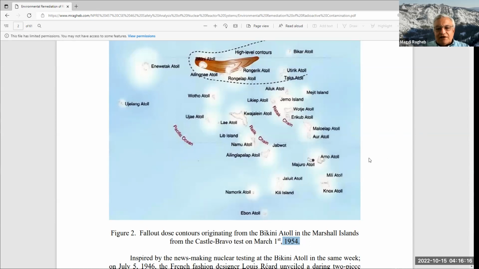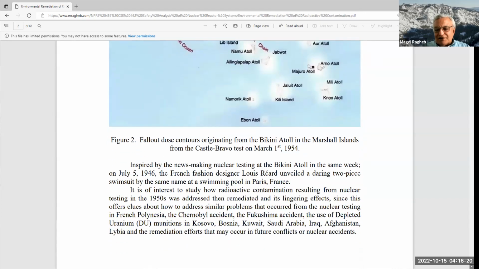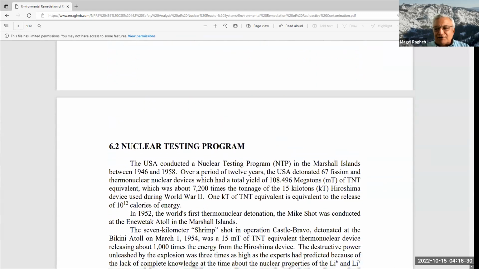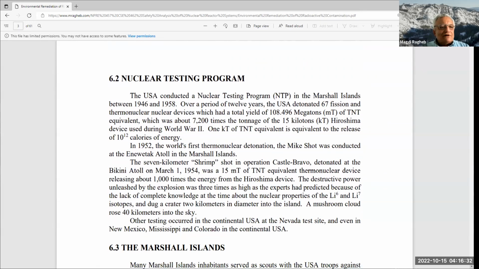And basically, they had to scrape all the topsoil in the ground and replace it with soil that was shipped all the way from the United States to those islands, so that they can remedy it. And that's the topic of our program, of our chapter today.